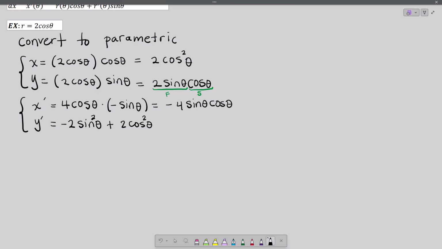So now we have our two derivatives. We have x's derivative, we have y's derivative, so now we can form dy dx. So dy dx, put the y's in the numerator.